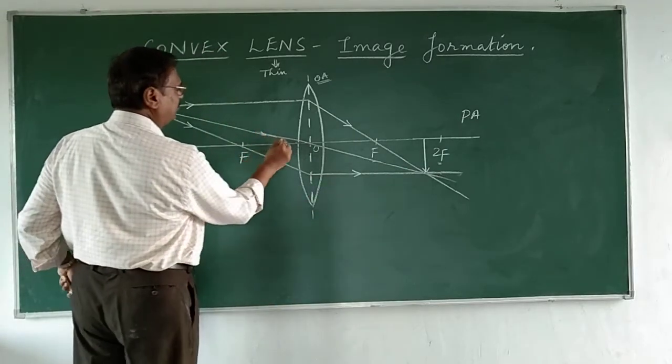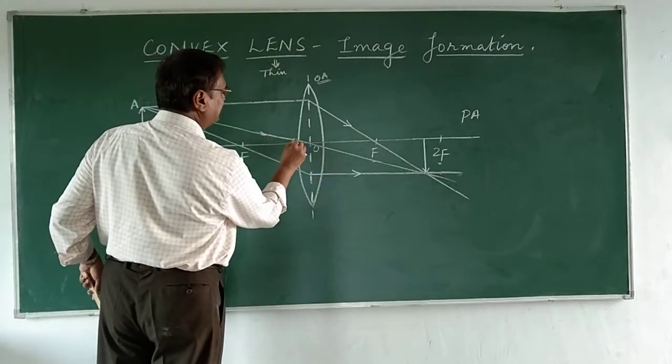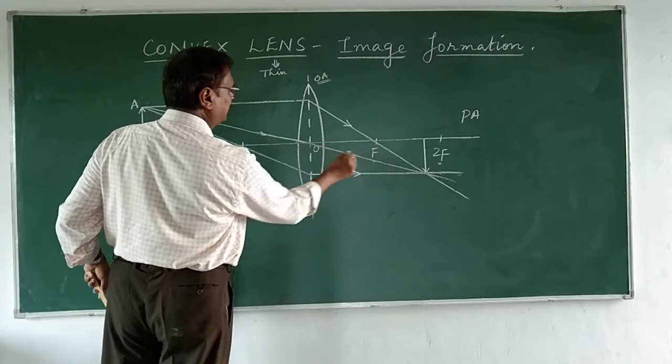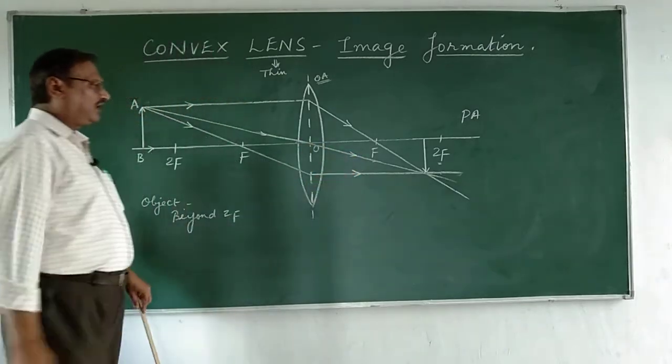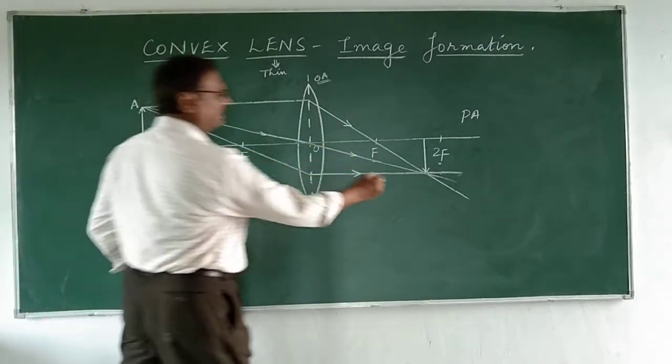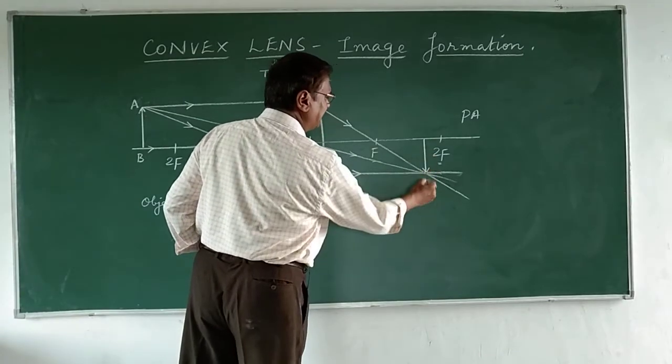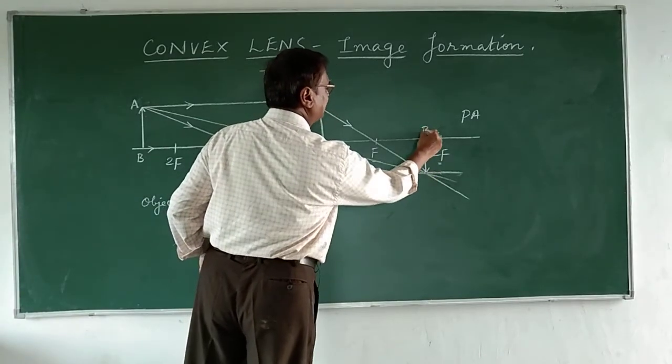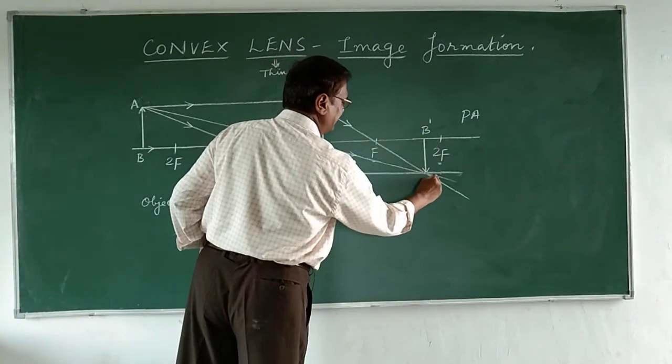The ray passing through the optical center will go without deviation. So all the rays are coming and meeting at a single point, and this is the inverted image. This is B dash and this is A dash.